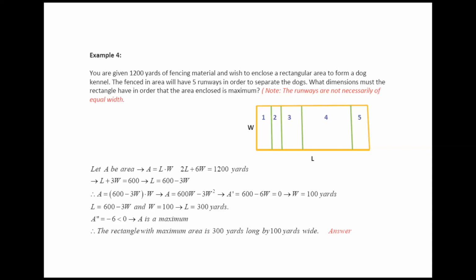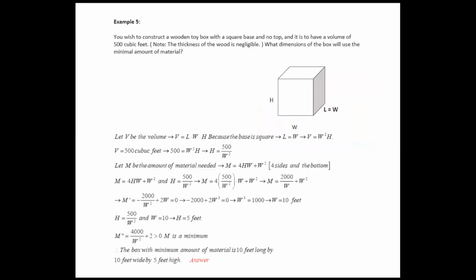Okay, so they have a lot in common, but enough in difference to make the problem interesting. Of course, they all had the same 2 things in common. A was L times W, and the amount of fencing was 1,200 yards. So there was a lot in common, but different ways of looking at the same situation.